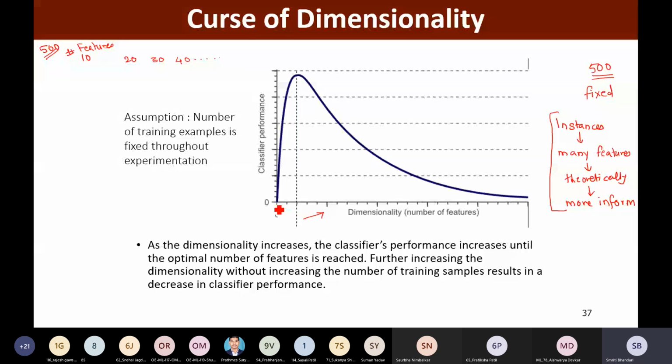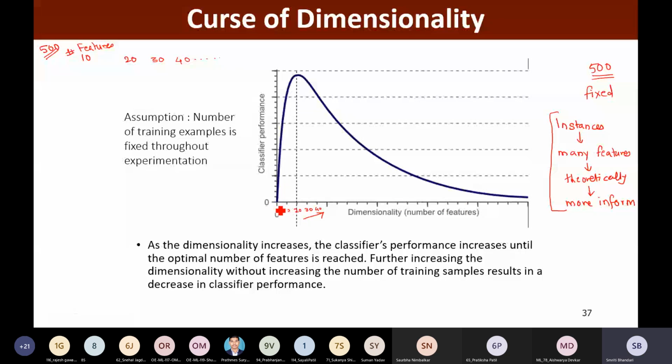Then see here, on x-axis we have plotted the dimensionality, that is the number of features. So say for example, this is for number of features 10, this is for number of features 20, 30, 40 and so on. Let us assume. Okay.